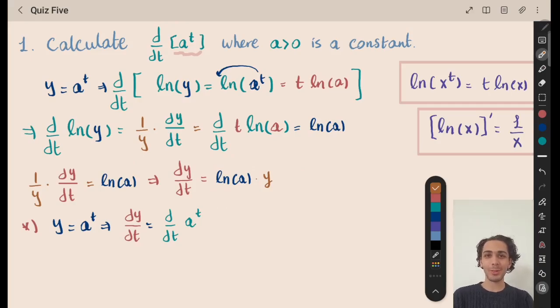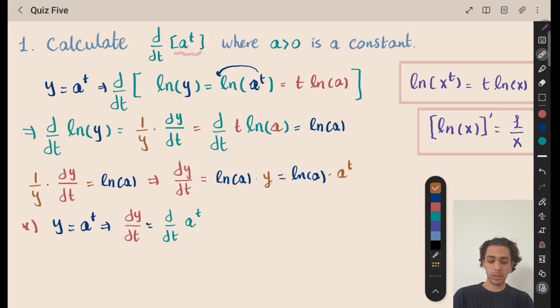Okay, that was a silly joke which did not fit the context. But you just multiply both sides by y. I've repeated this multiple times. Now again, notice that y is equal to a to the t. So I can replace y and I can write ln of a times a to the t.